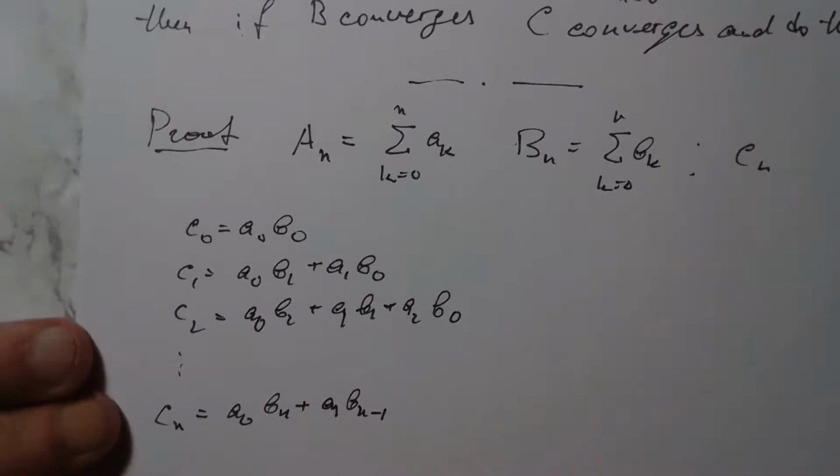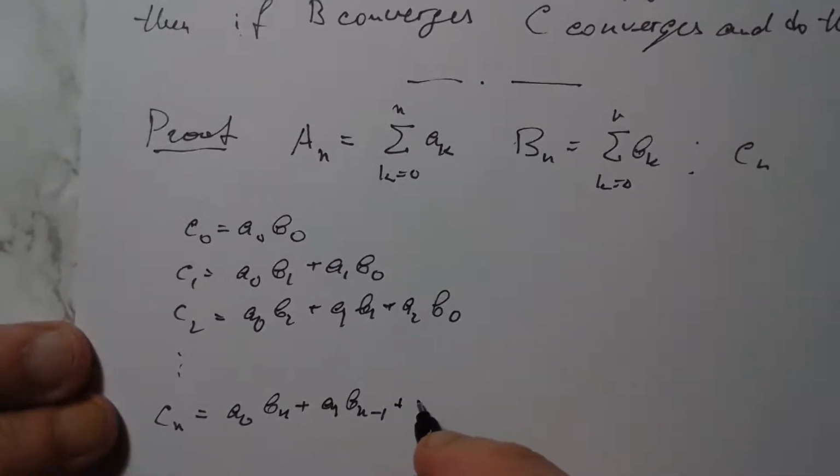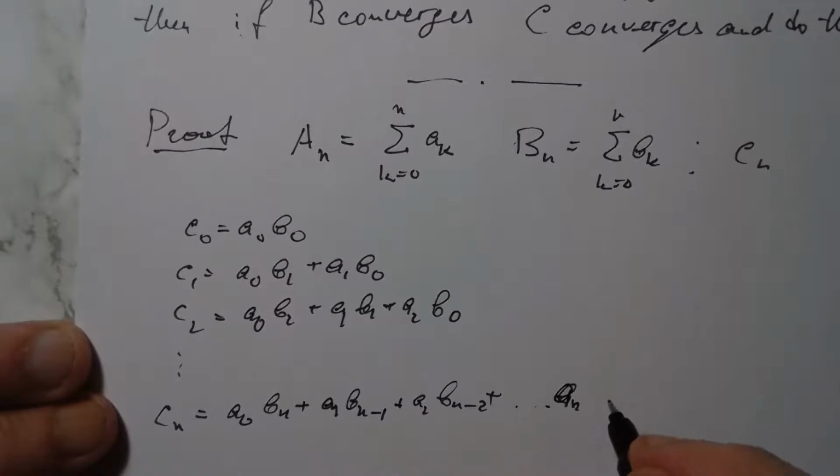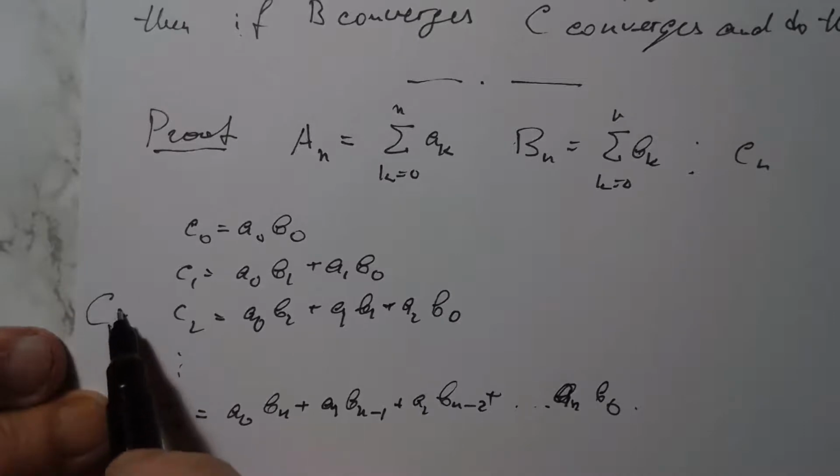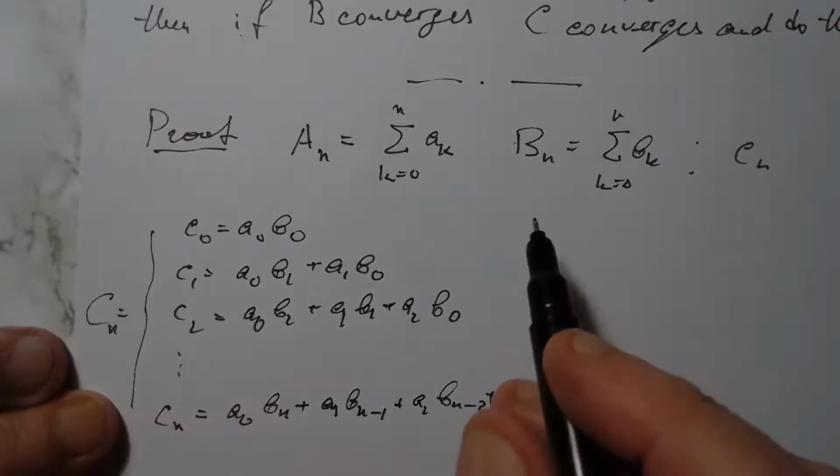I hope you follow me. Plus A_2 B_{n-2} plus etc. all the way to A_n B_0. Okay, so if I want to find the partial sums, the capital C_n, this will be the sum of those guys.